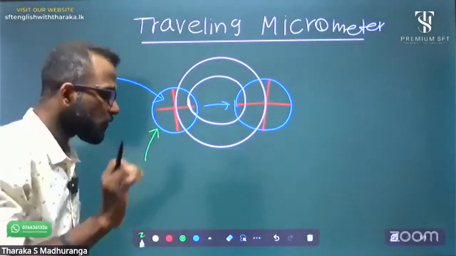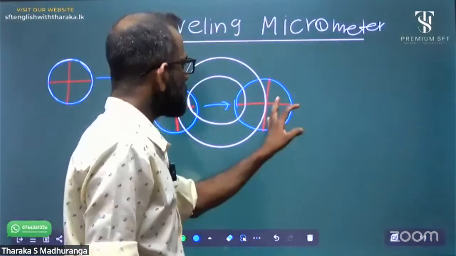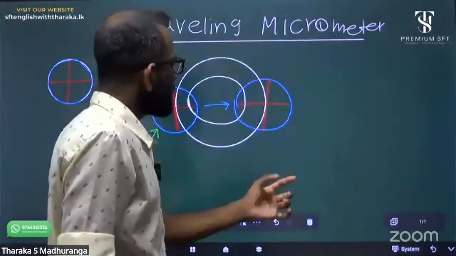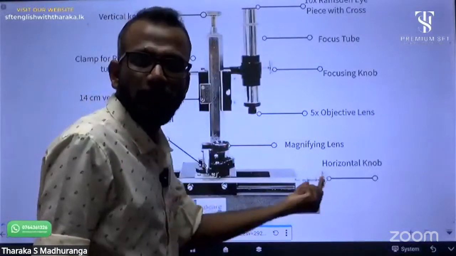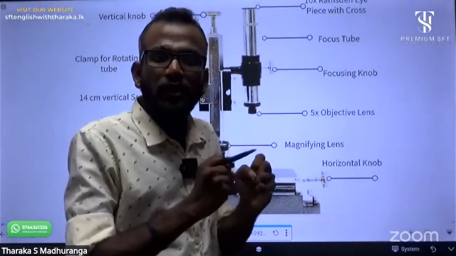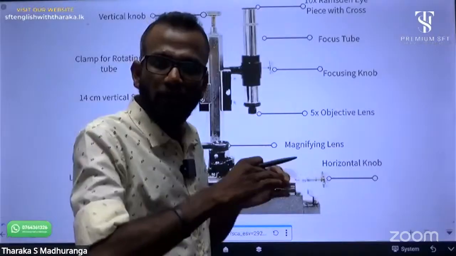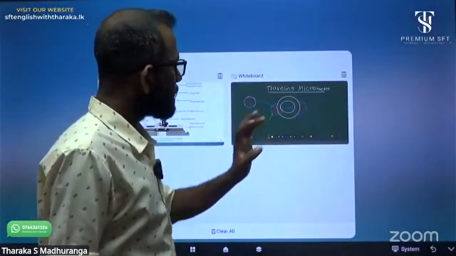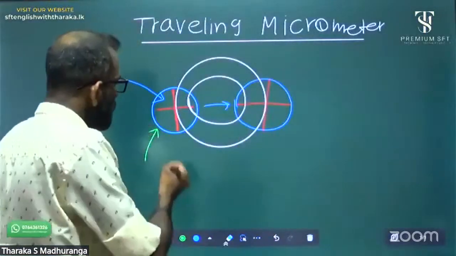Now using the horizontal vernier caliper, my requirement is to get the horizontal length difference.